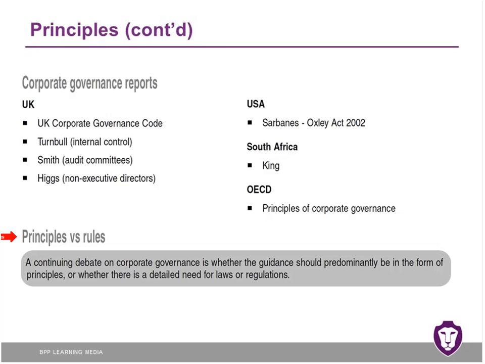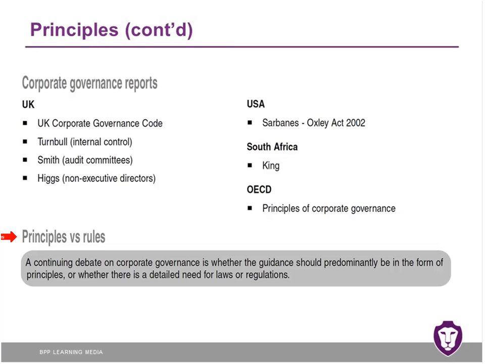That's a principle. And what it usually means is that if you don't do that, you have to explain why not. And this is the same in the UK as it is in Australia. If not, why not? If you haven't followed the rule or the principle, explain why you didn't do it. So that's what the principle-based systems are.